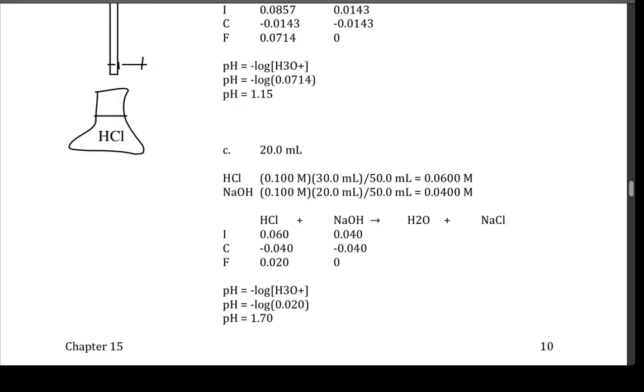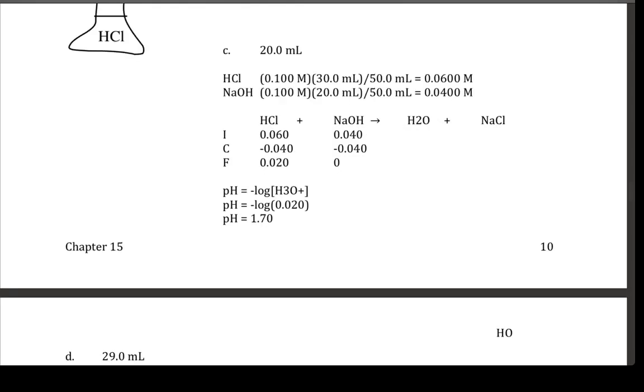The next addition of NaOH is 20 mL. So that's a total of 20 mLs that are added to the stock HCl. Once again, we figure out the initial concentrations. We take our 0.100 molar times 30.0 mLs, now dividing by 30 plus 20, or 50.0 mLs.